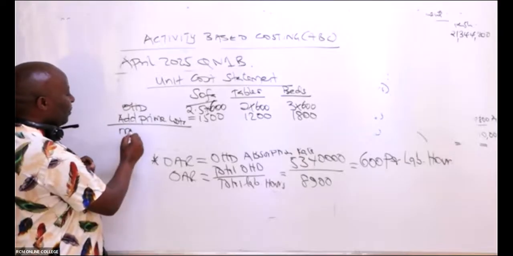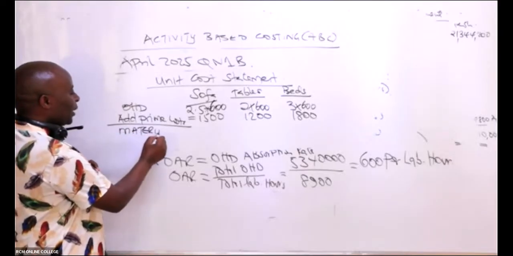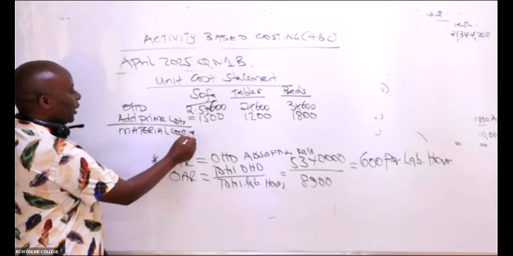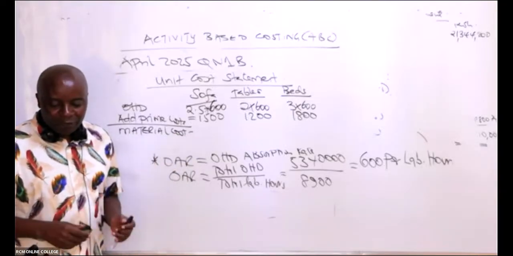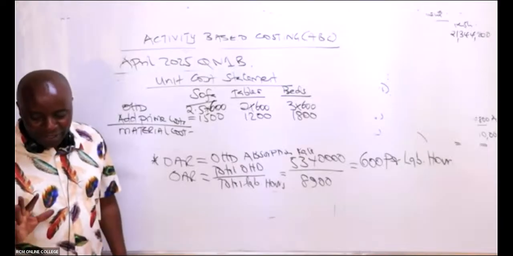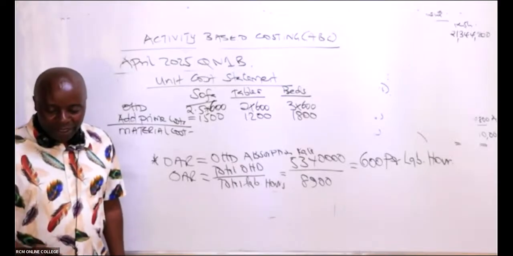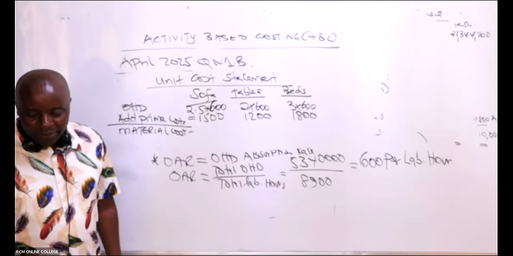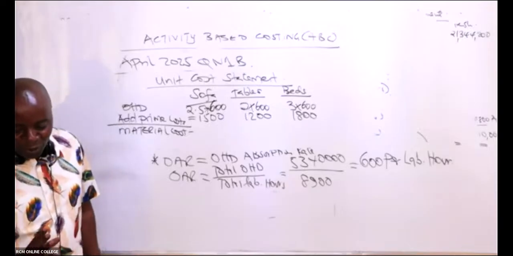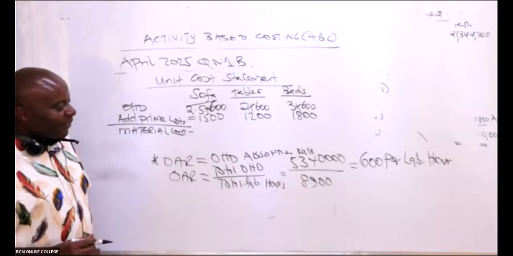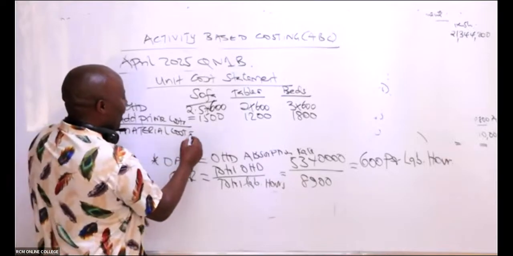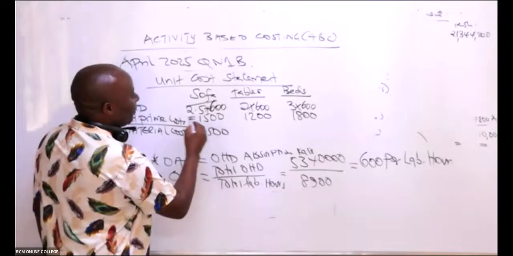Are you able to see the material cost per unit? Material cost, please give me the figures. According to Jennifer, material cost per unit for sofa is 4,500. So the leathers, etc. Here we need 4,500 in terms of materials.